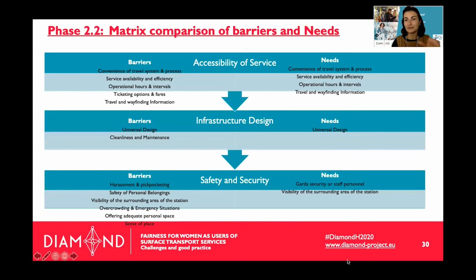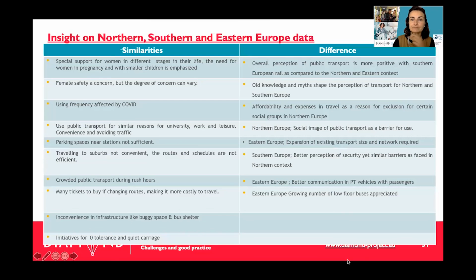And then we distinguished between barriers and needs. So the barriers are the characteristics that are perceived to be a problem, and the needs are the ones that emerge as something that has to be satisfied, as pointed out in the three areas. And we were also able to point out some similarities and differences across the three European case studies that we were able to directly approach.